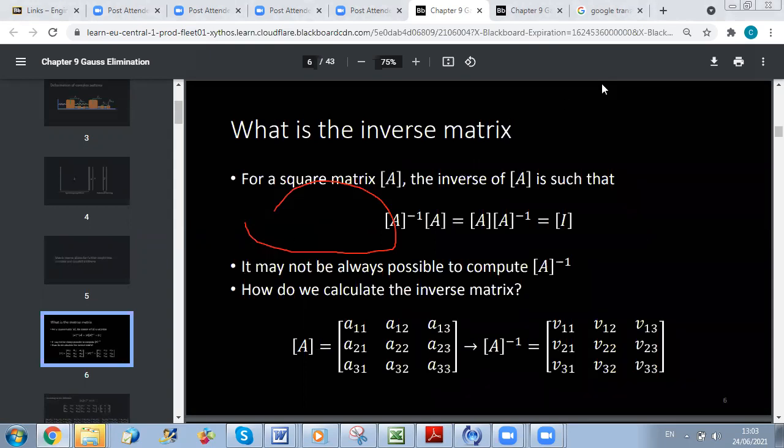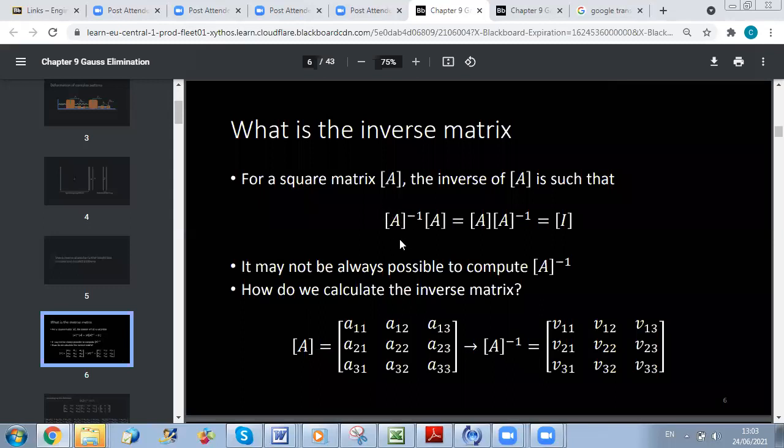So first, what is the inverse of a matrix? For a square matrix, the inverse is such that A minus 1 times A will equal the identity matrix. Okay? So this is the definition of the inverse of a matrix.